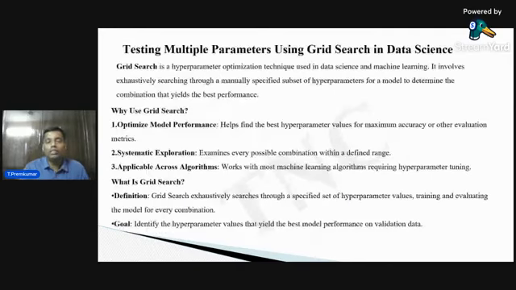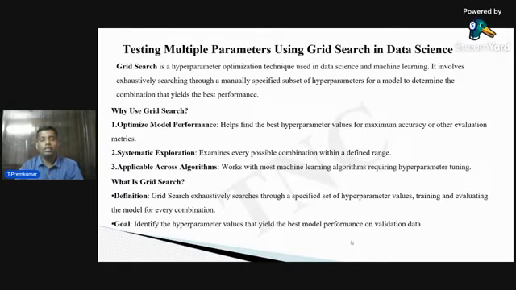The next topic is testing multiple parameters using grid search in data science. Grid search is a hyperparameter optimization technique used in data science and machine learning. It involves searching through a manually specified subset of the hyperparameters of a model to determine which combination gives the best performance.